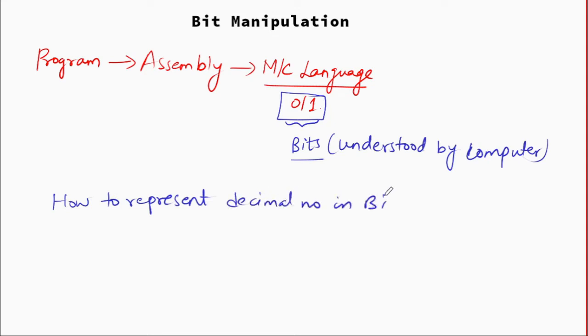Let us say that the number is 27 in decimal form, which is of base 10. So it can be written like 2 into 10 power 1 plus 7 into 10 power 0, right?